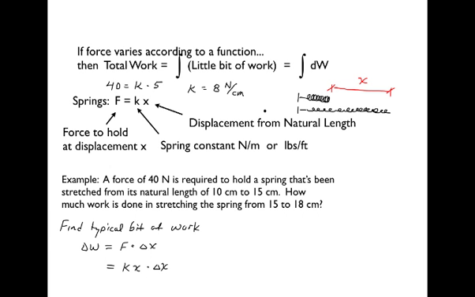So this spring constant is 8 newtons per centimeter. Then our little bit of work is going to be 8x delta x. So given a displacement of x, the little bit of work required to stretch it just a little bit further than x would be 8x delta x.